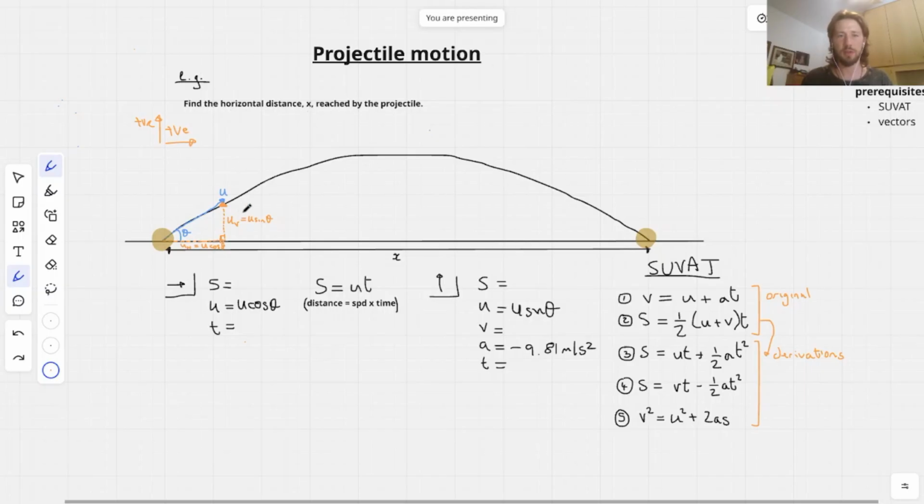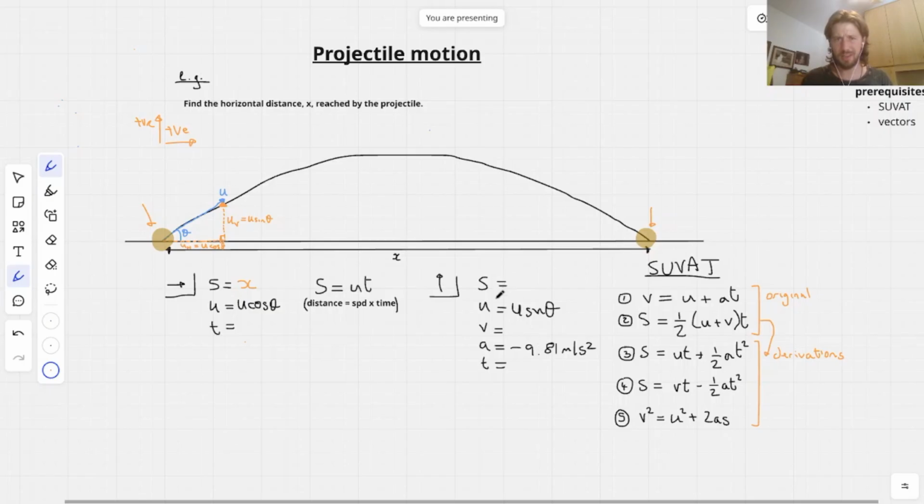So here's where we look at our starting and ending point. We start here and we end over there. And then we have this x. Now x is a horizontal quantity. So really, it's our horizontal displacement. So we fill in x here as our horizontal displacement at the end. That's what we will want to find later on.